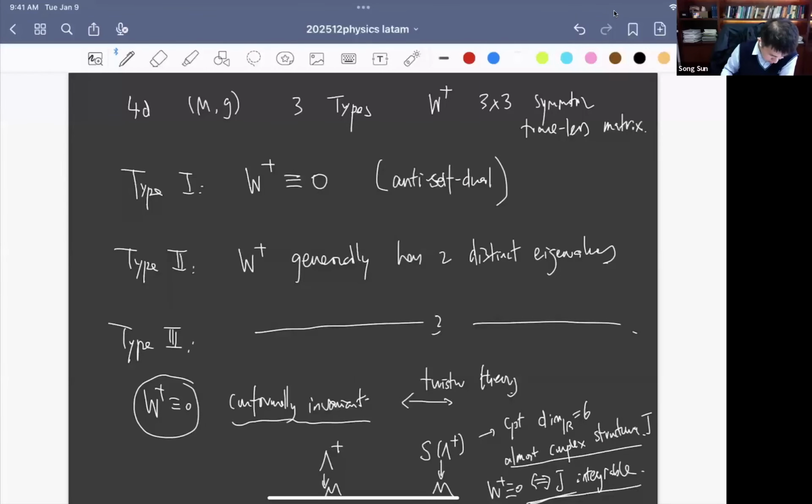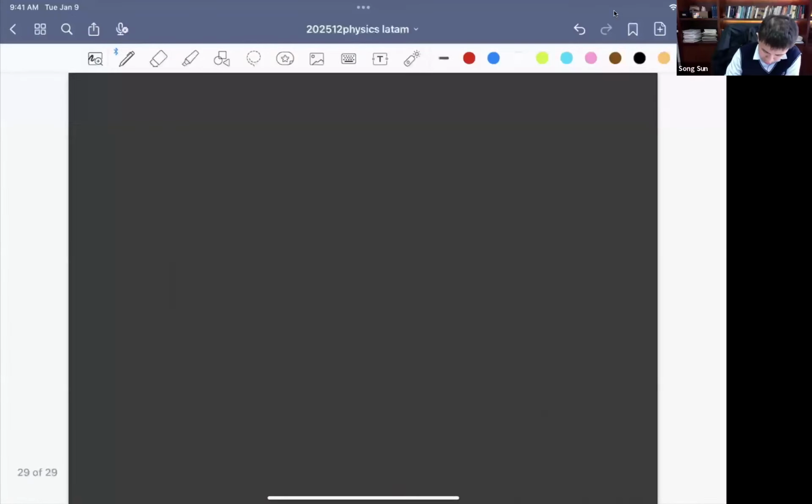Okay, so now we will consider Einstein metrics. In particular, the easiest case is when we consider Ricci-flat metrics with W plus equals 0, anti-self-dual Ricci-flat metrics. So this is a hyperkähler metric. We defined hyperkähler in terms of holonomy before, but now another way of defining this is in 4 dimensions.